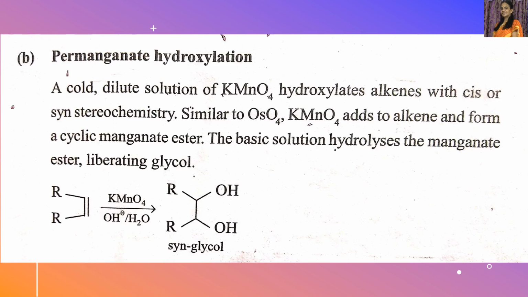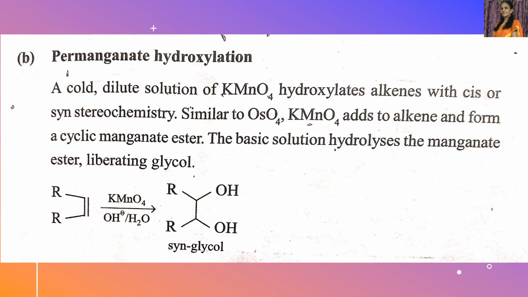In the presence of a base, the cyclic manganate ester undergoes hydrolysis to form glycol. That is, the basic solution hydrolyzes the manganate ester, liberating glycol. So here we consider a general alkene, KMnO4 and a basic hydrolysis, base and water.